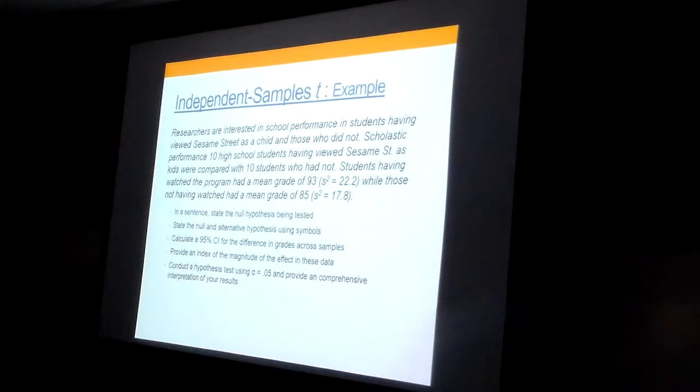So square root of, okay, and what's the square root of 17.8? 4.219. 4.218, okay, which gives us a Glass's delta of what? 1.896. We'll call it 1.90, okay?